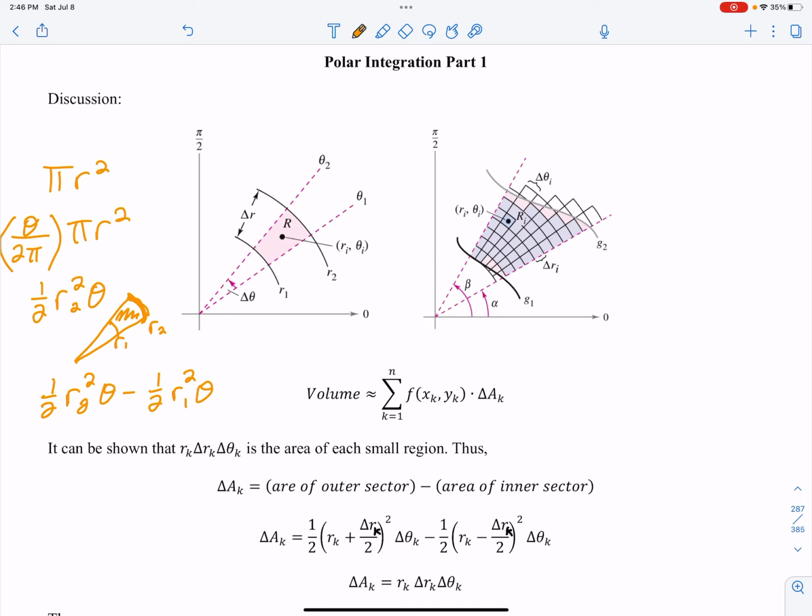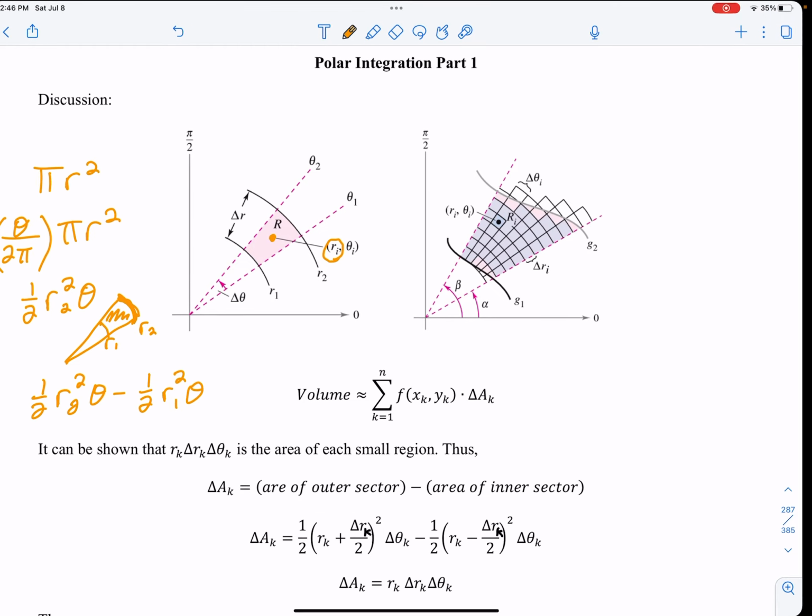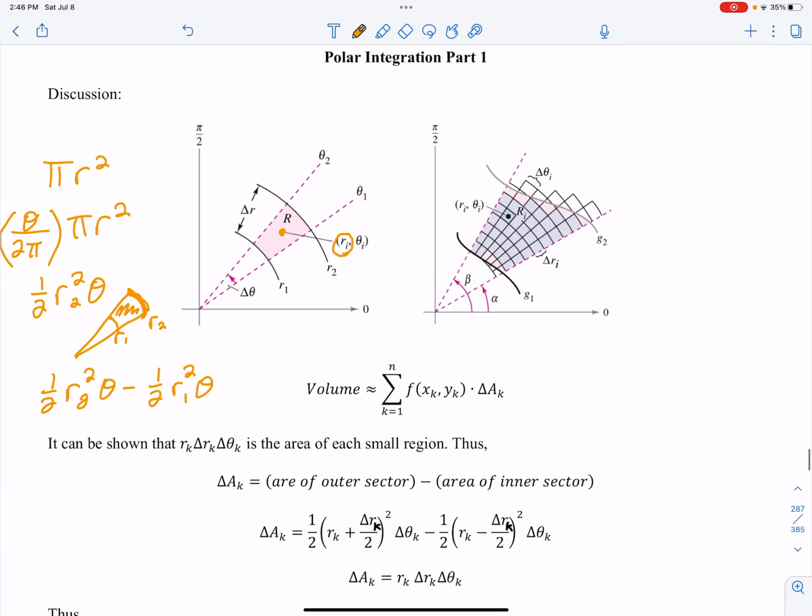Now, we want to limit this a little more because we want to talk about our r's. Instead of calling it R1 or R2, we can represent those by taking Rk, which is the point directly in the middle of my sector. If I take that Rk and add half the change in R, that is my outer radius.